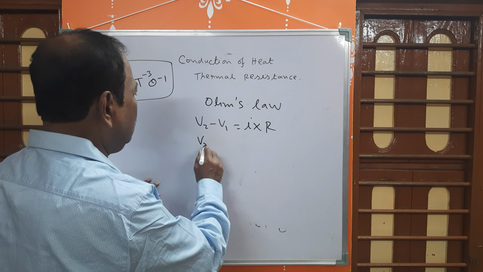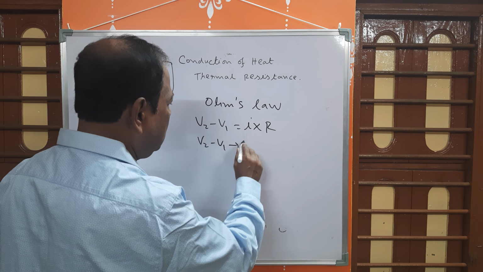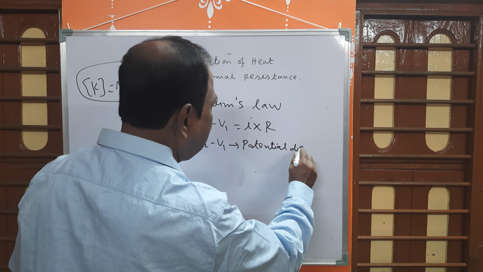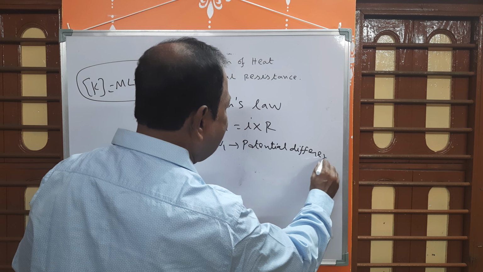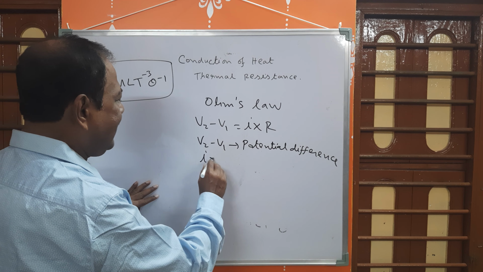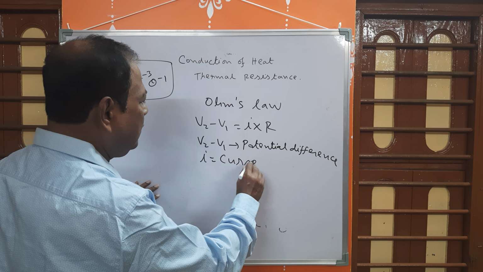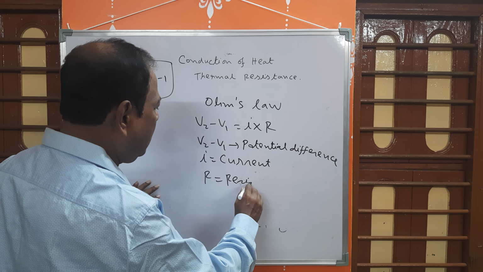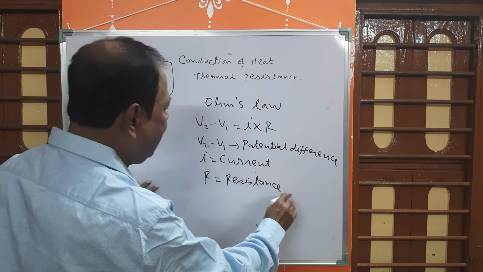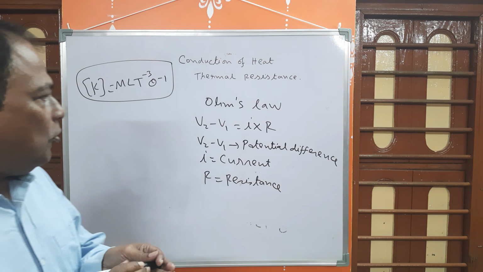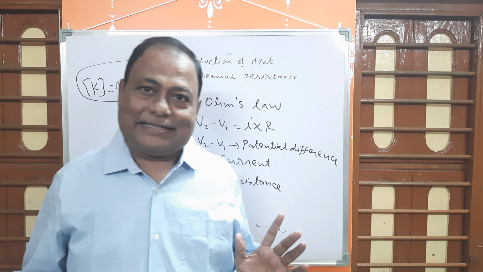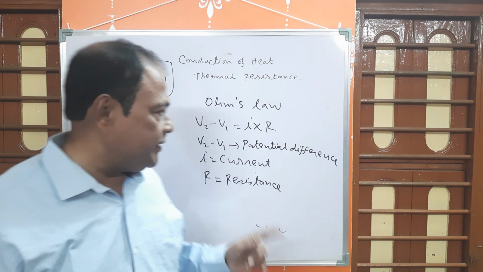So R is the resistance in case of current electricity.